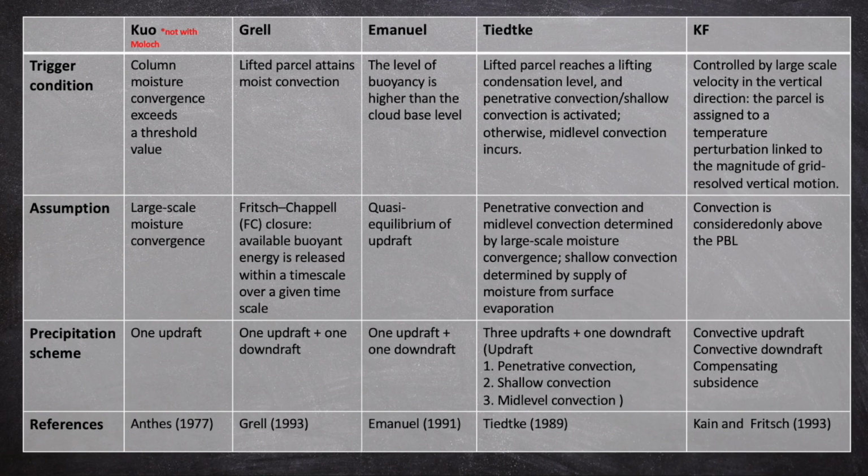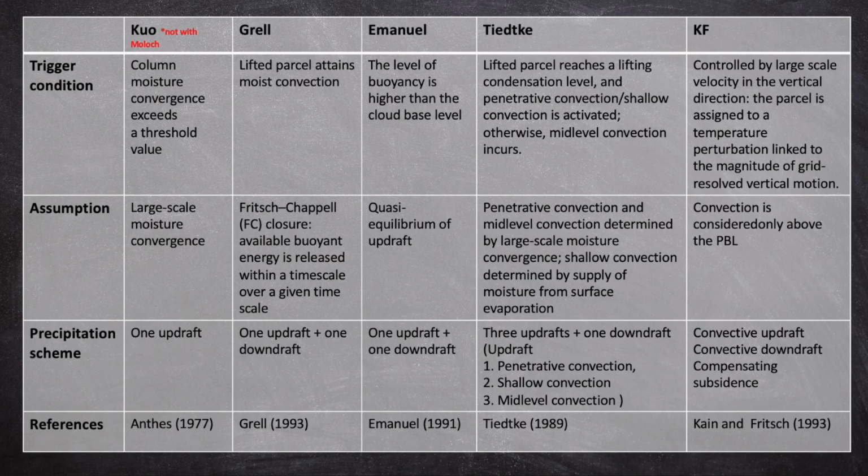The Tiedtke scheme considers both cumulus scale updraft and downdraft. It has 3 updrafts for the penetrative, shallow, and mid-level convection, and 1 downdraft. It is activated when the lifted parcel reaches the lifting condensation level. In this case, the penetrative or the shallow convection is activated, otherwise the mid-level convection is activated.